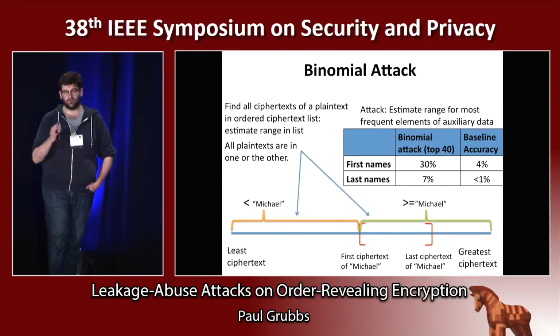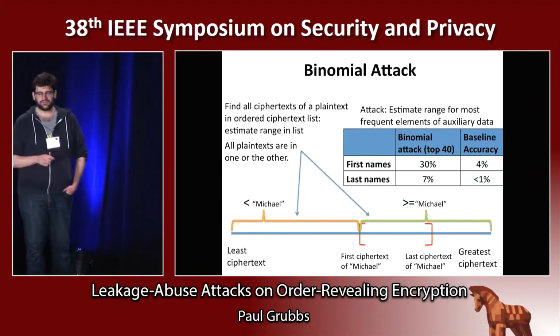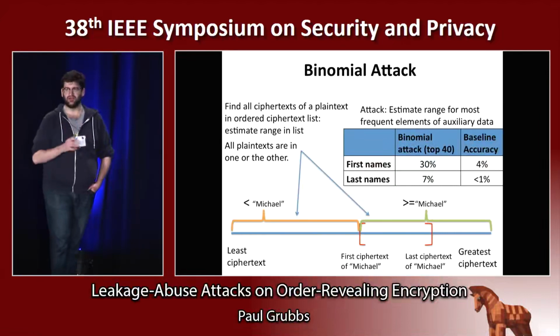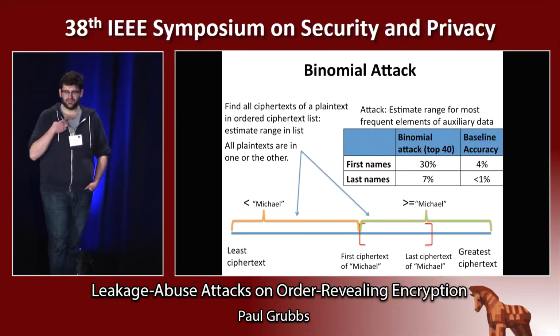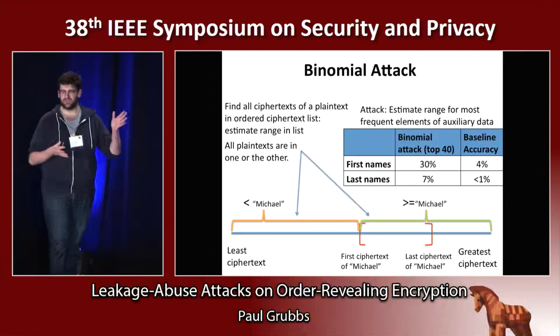For last names, we recover about 7%. This seems a little meager, especially compared to the very exciting 99% from before, but it's interesting to think that this is kind of like the absolute minimal leakage, and yet the recovery rate is about 7 times higher than the baseline accuracy.